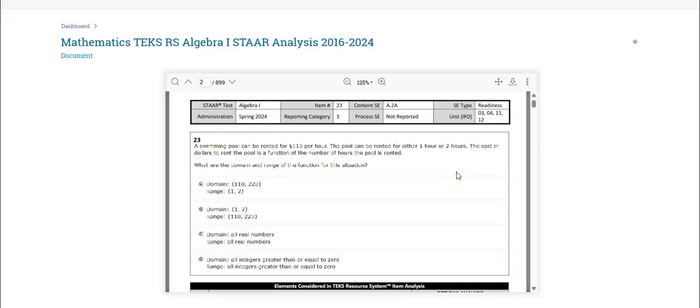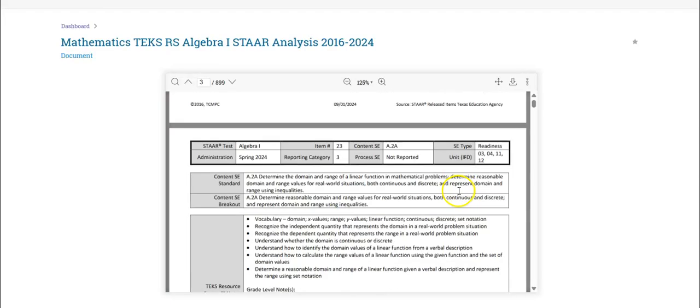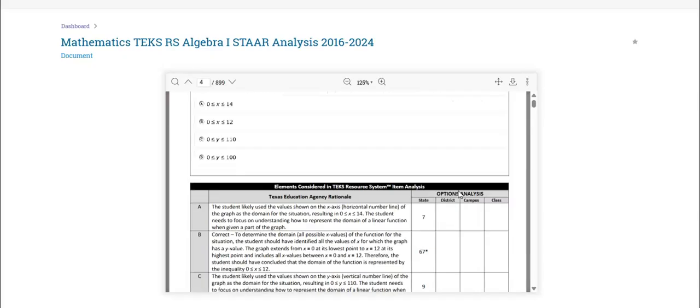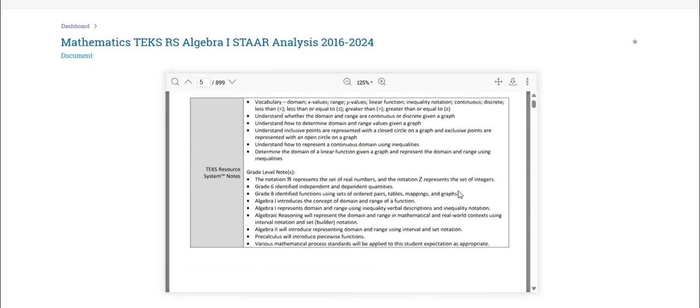And then you can also see in this document the frequency of standard testing across the years. So this helps you prioritize your instruction. So if I scroll through, since the questions are in order, all of the questions tested for 8.2a are going to be right here in this first section. So I'm going to scroll and count how many there are.